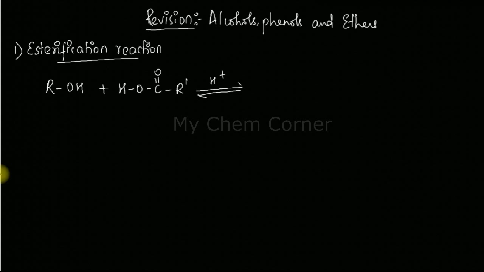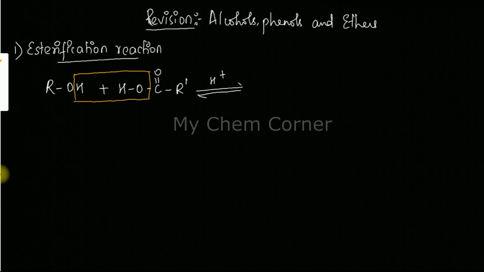Now, you know that esterification reaction takes place in the presence of an acid. So here you need to write H plus also. So here when the reaction is trying to break, you have the bond breaking over here. So from alcohol, H plus comes out and OH from carboxylic acid.